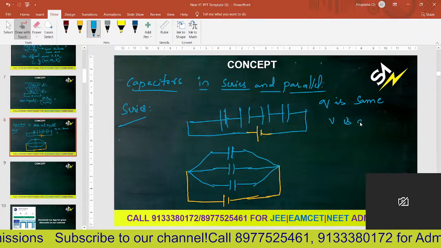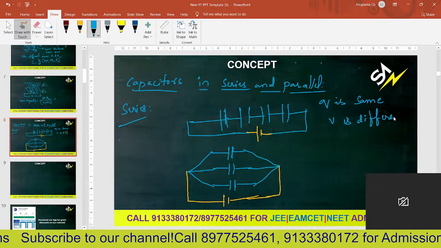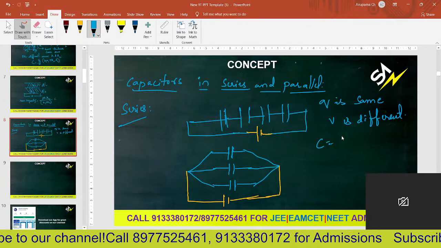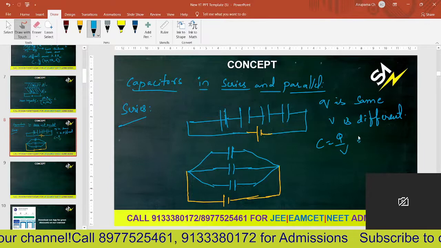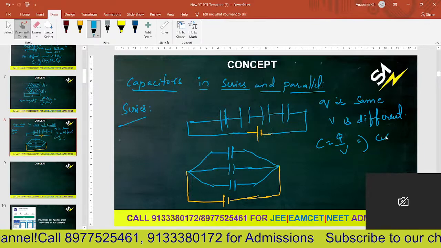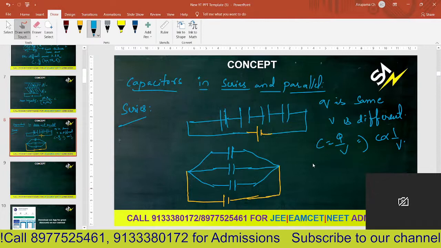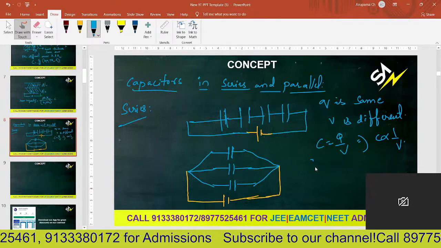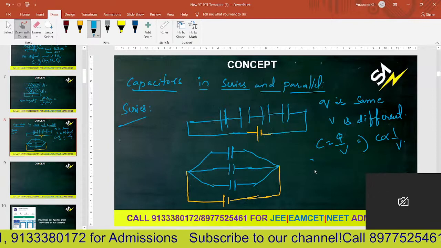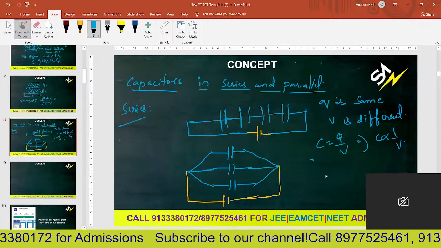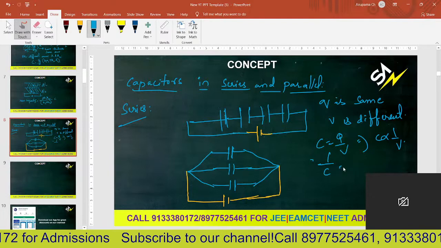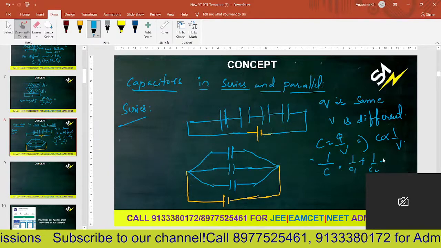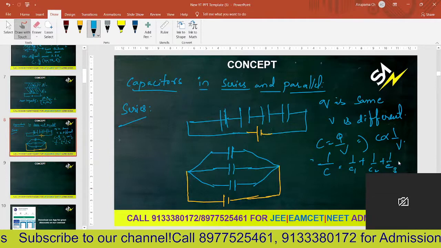V is different, right? So from C equals Q by V, Q is the same, that is, C is inversely proportional to V. So when you want to know the equivalent capacitance of this particular circuit, you get 1 by C equals 1 by C1 plus 1 by C2. This is the reciprocal you will get.